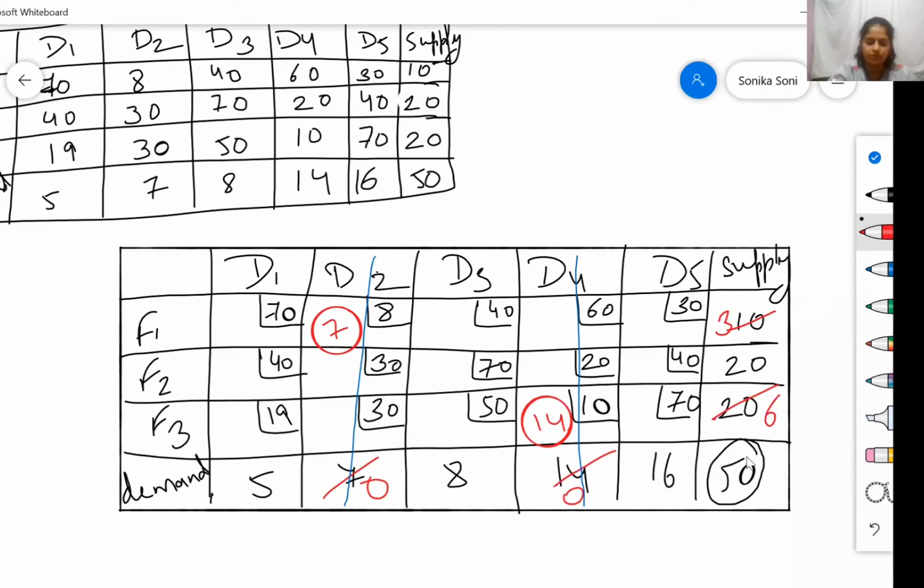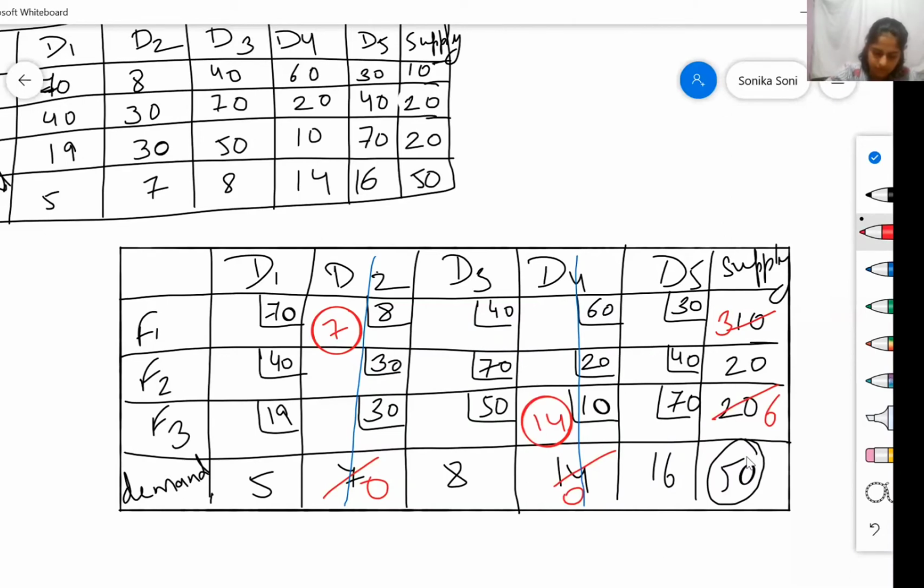Now we have to find the third lowest cost. Which one do we have? We have 19, that is F3D1, as the third lowest cost. How much can we allocate? We have demand as 5 and supply as 6. We can allocate only 5.